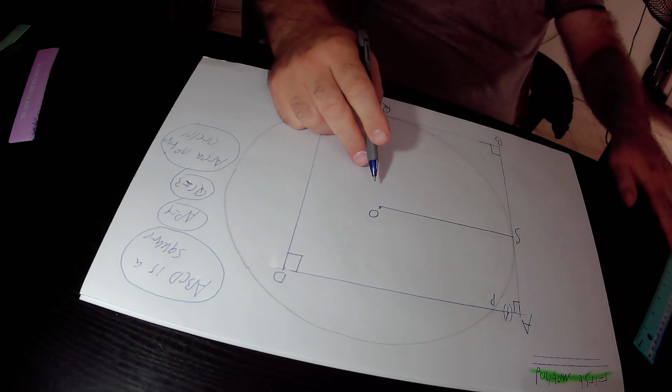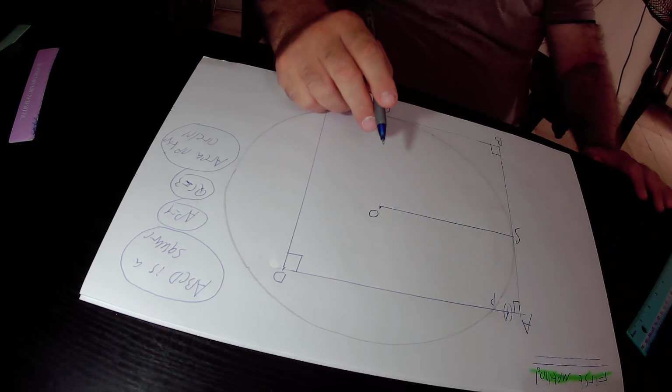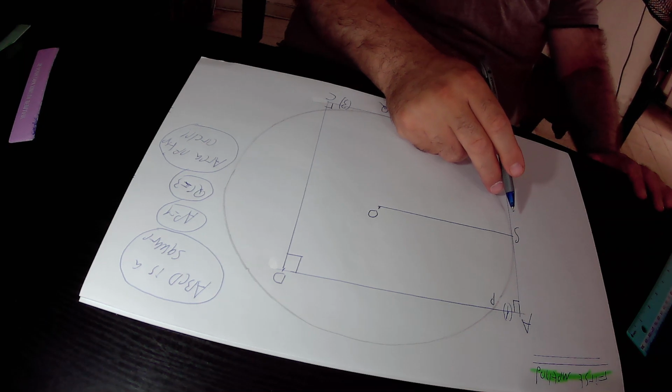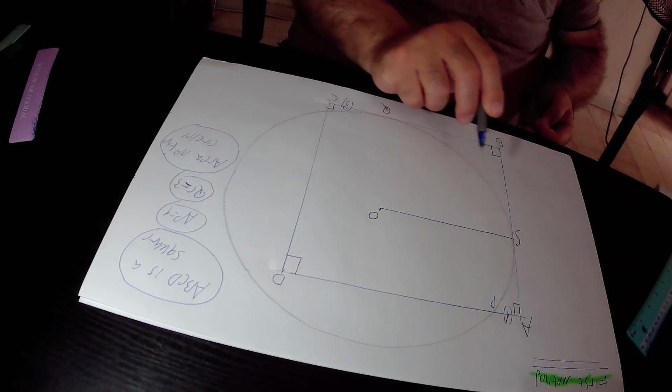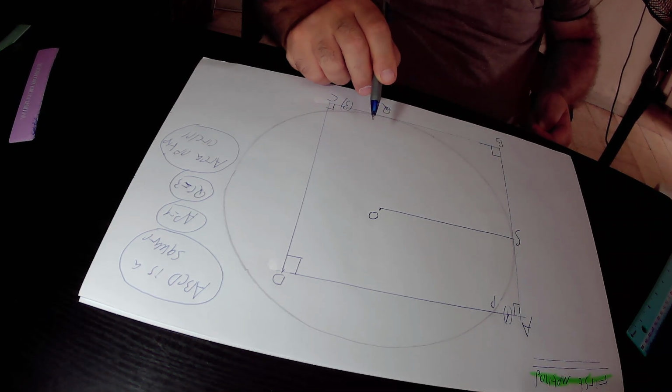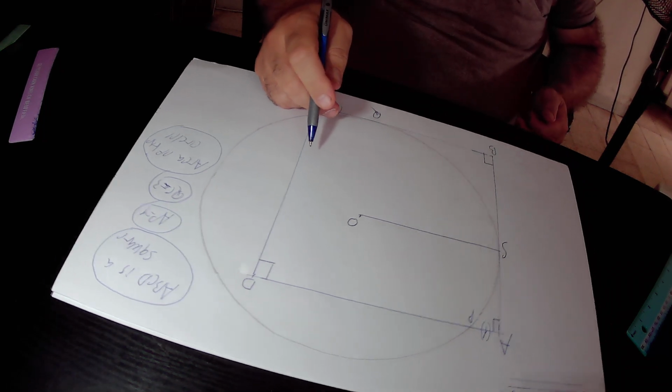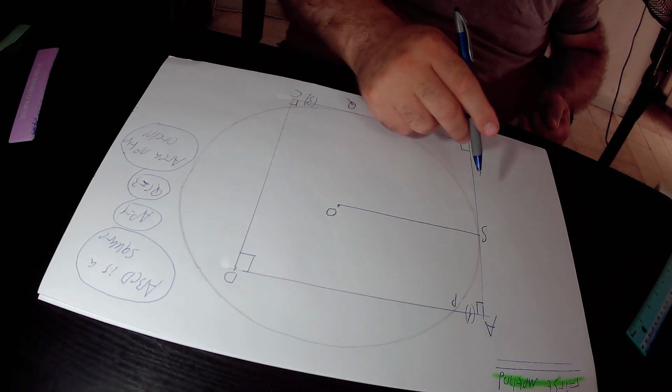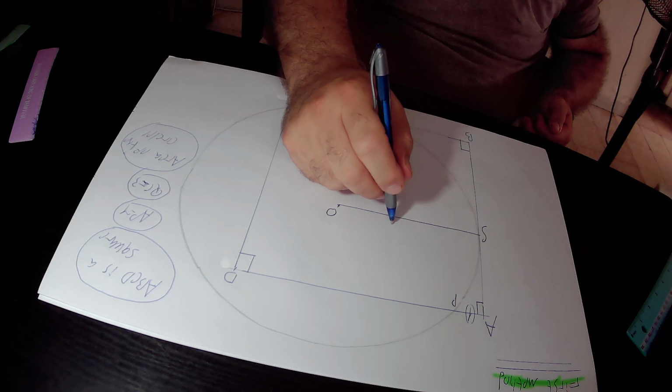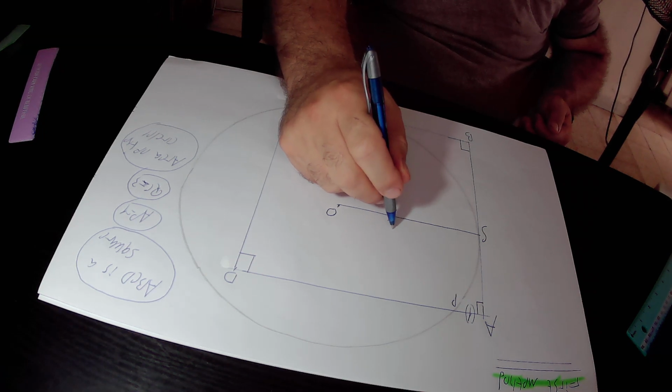Point O is the center of the circle. Point S is a point on the circle itself. Therefore, OS is the radius of this circle. We define the radius of this circle as x. So OS equals x. It is the radius of the circle.